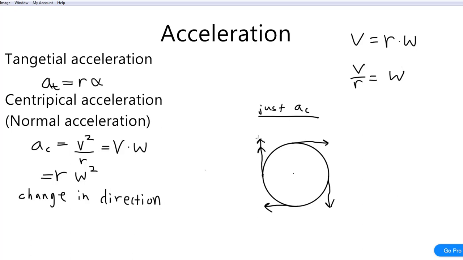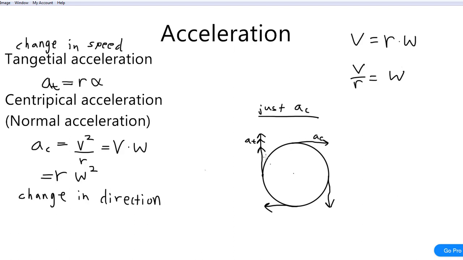They're going to get longer is all. So this is tangential acceleration, while this is centripetal acceleration. You're just changing the speed. So it's the change in speed.